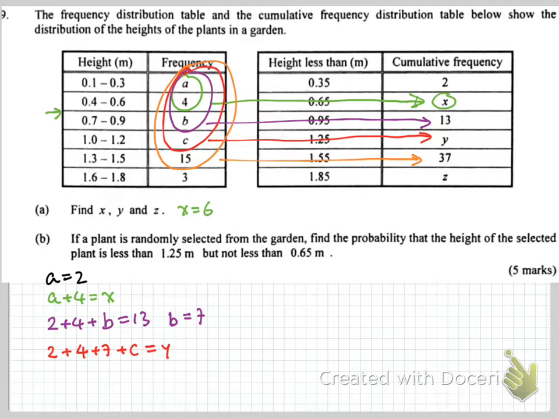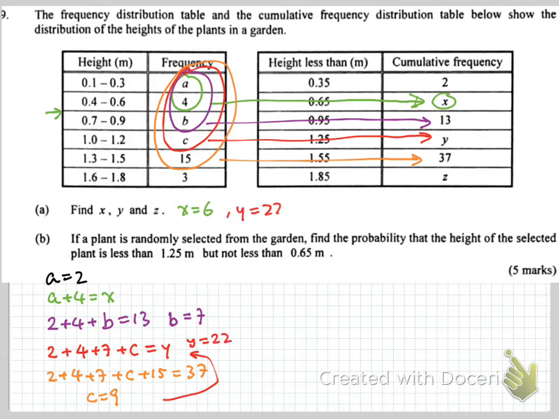The orange one can help. We have A and 4 and B and C and 15 equals 37. This is the orange arrow. So from here, we work out C equals 9. With C equals 9, we can go back and find out y. Y will be 22 in this case.